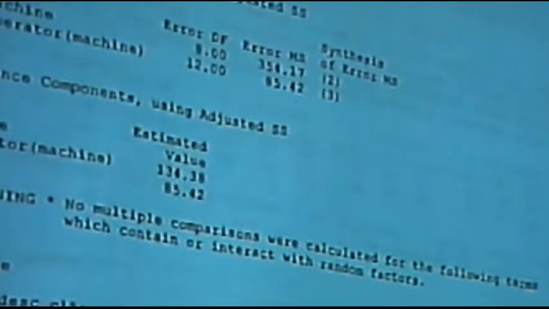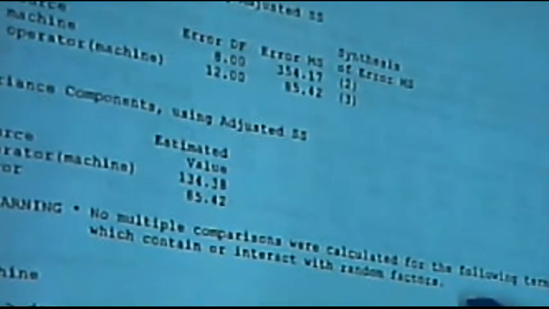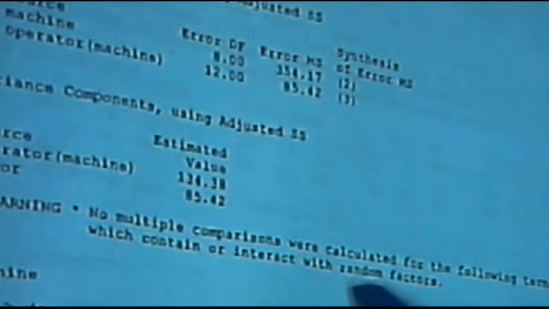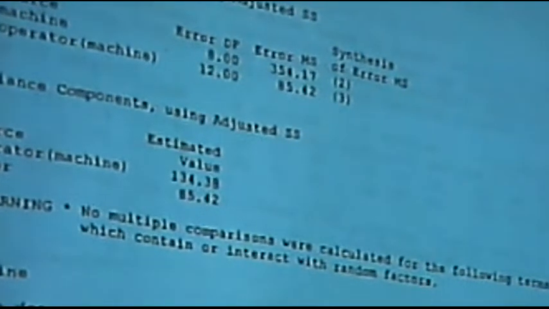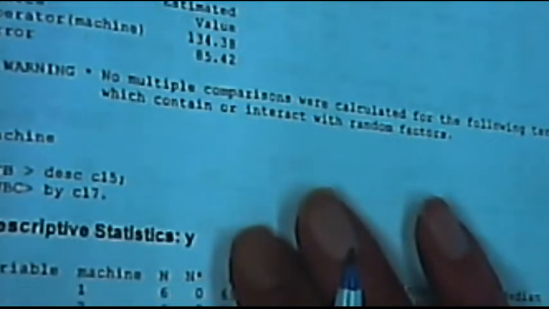And so it's telling me it can't do this. It can't do this because we have interactions with the random factors. I'm not sure quite what that means, but anyway, it just says I can't do that for you.